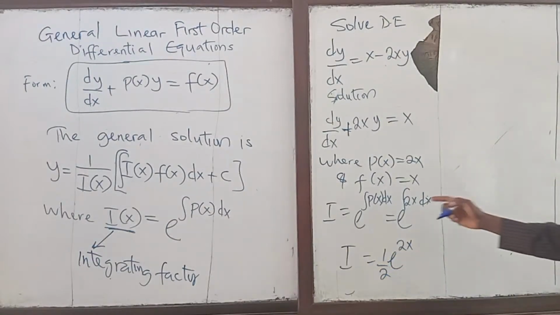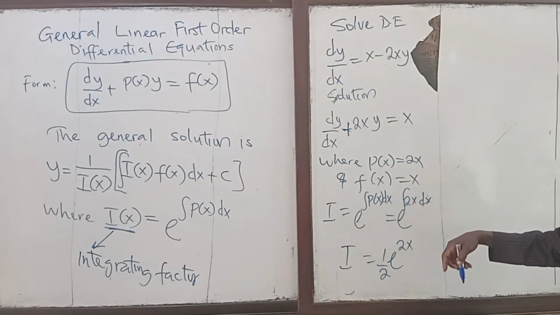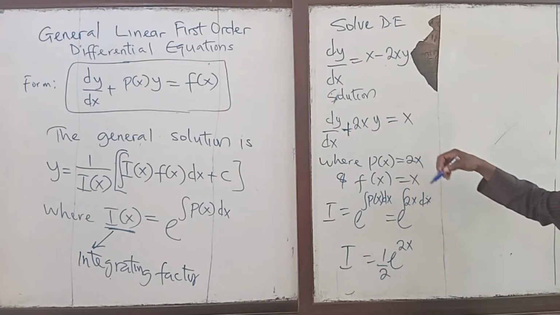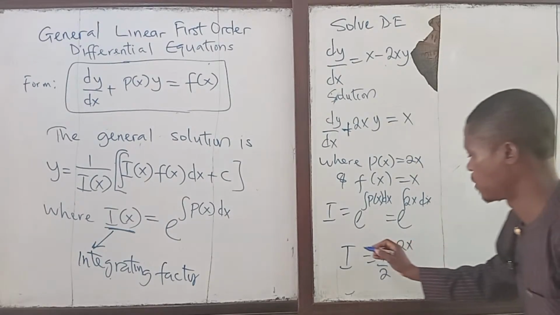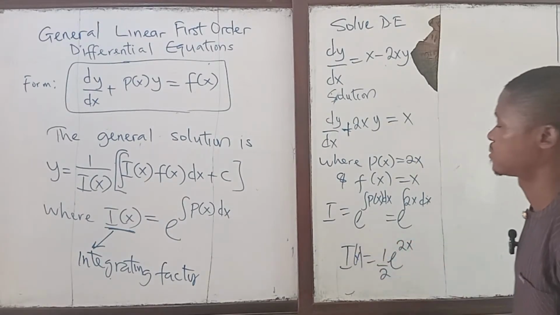When you have an e function, the integral is the same function, but you have to divide by the derivative of the power. And that's what we have done for that case. So the integrating factor as a function of x is this.